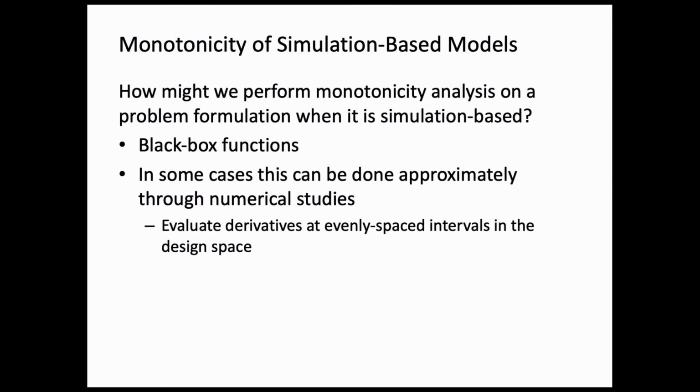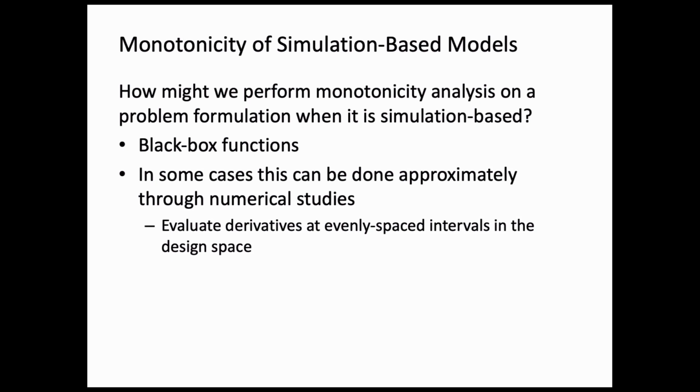And one thing we can do is some sampling of the design space. Even if we cannot completely prove a monotonic relationship across the entire design space for a particular input-output relationship, we can still get some approximate information about it.